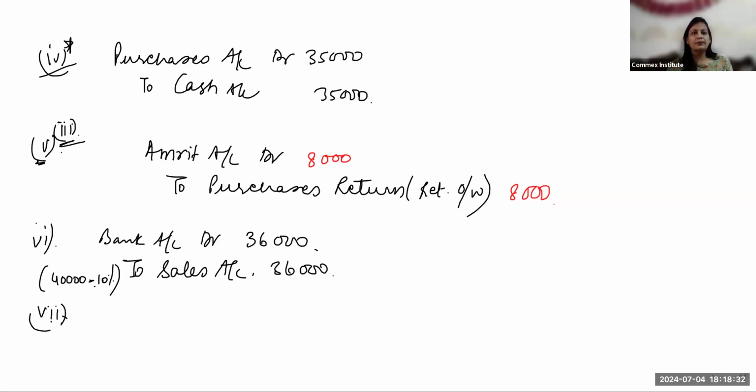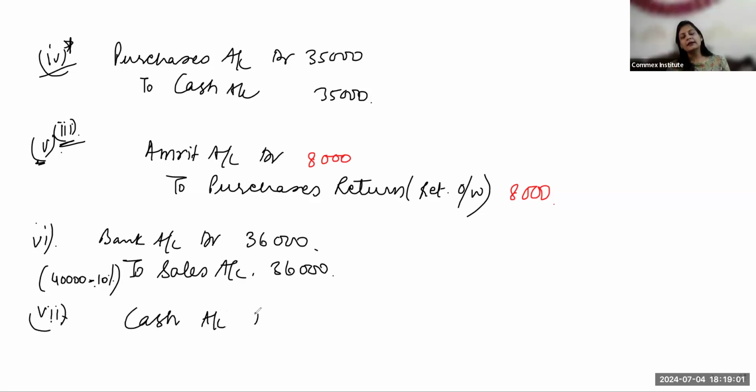Vidita, would you try? Yes, ma'am. So why don't you come to the classes offline? Sold goods to Aman of list price of 30,000 at 10% trade discount against cash. So, ma'am, it will be cash account debit to sales account.